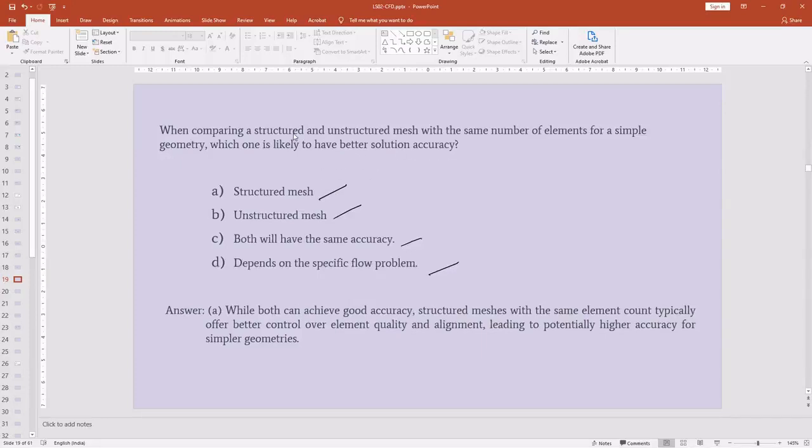The question is comparing structured and unstructured mesh with the same number of elements, which can be confusing and can divert the answer if we do not read it together with the simple geometry. The structured mesh is only good when the geometry is simple. So the same number of cells is only applicable for simple geometries.